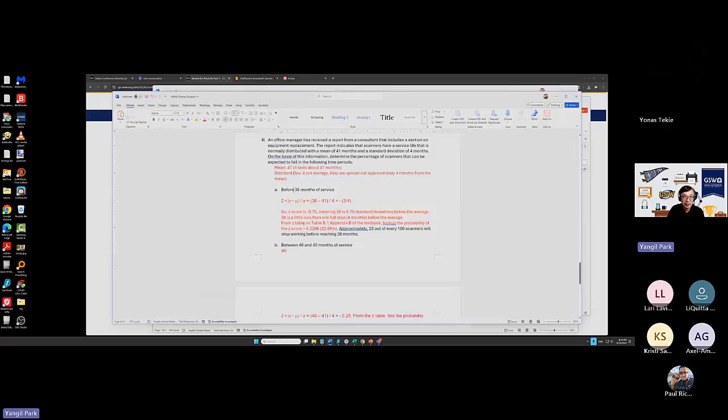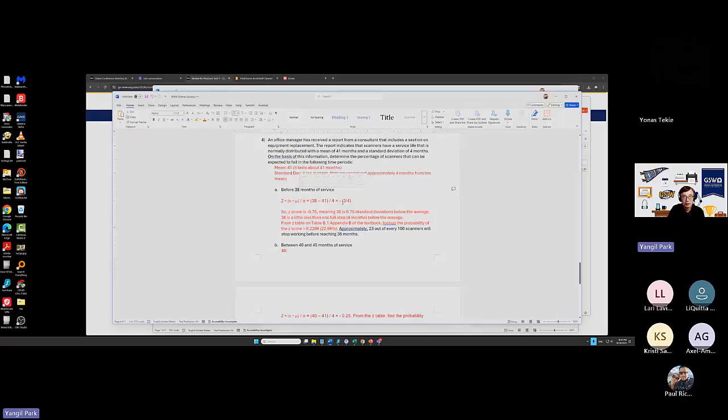So this is exactly the same thing. We are plugging into this formula: 38 minus 41. 41 is the mean score, and 4 is the standard deviation, which is given. So all you do is plug in 38, which is the number that we are trying to look at, 38 months.